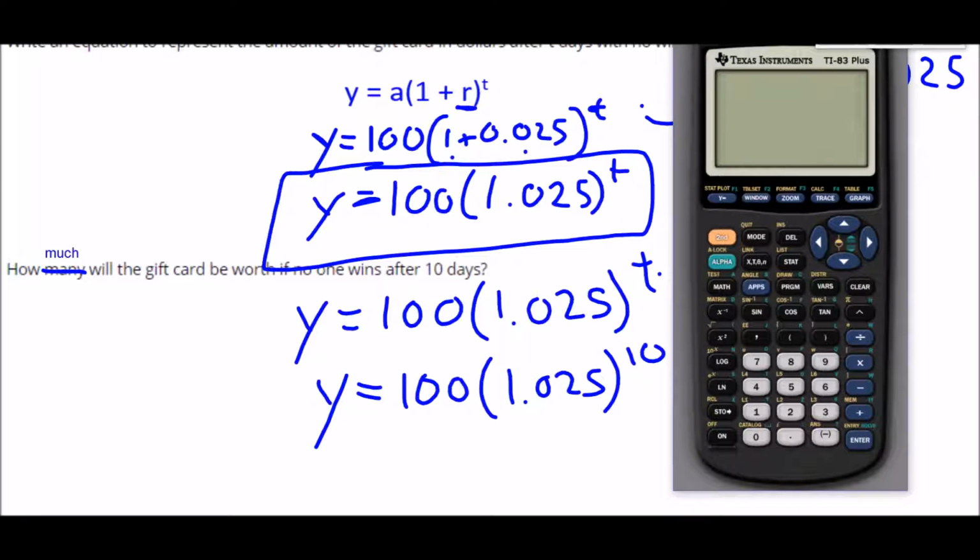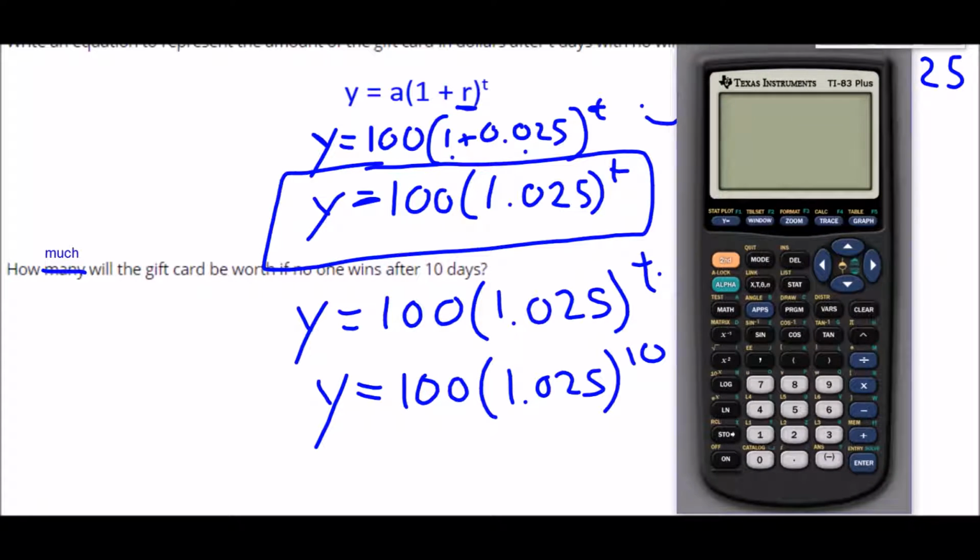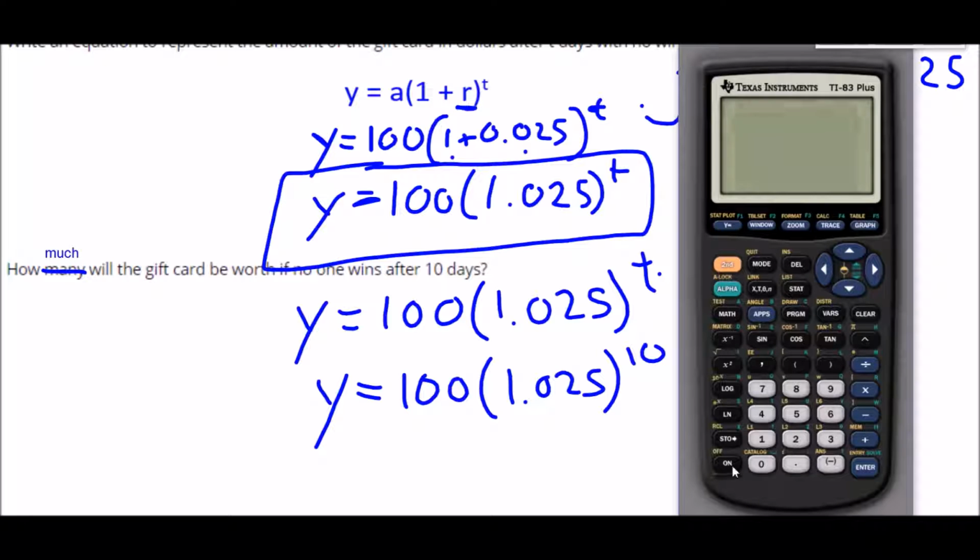We're going to plug this into the calculator to see what value we get. So the value we're evaluating is 100 times 1.025, and I like to put parentheses around my exponents, to the 10th power. Once you hit enter, we're going to get a numeric value for that answer.